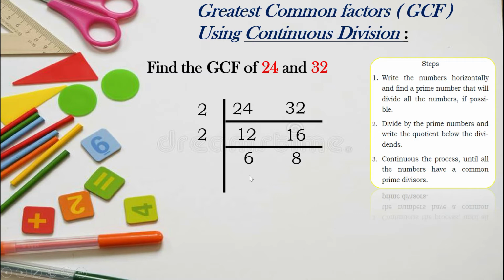Correct. Let's look at the dividend again. Can it still be divided? Yes. So, let us use 2 again as a divisor. 6 divided by 2 is 3, right? Then, 8 divided by 2 is 4.